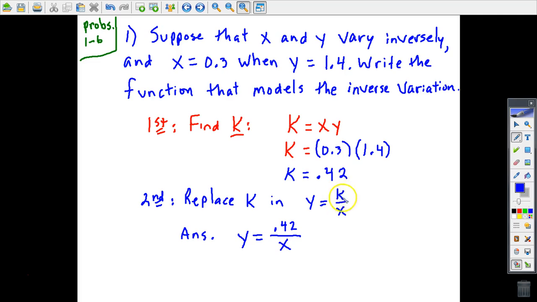Once we found out what this number for k is, we just replace k with it, and that ends up being our answer. So basically, 6 times you're going to be doing this. You're going to be multiplying, understanding that x and y have an inverse relationship. You multiply these 2 numbers together to come up with your numerator constant, and plugging that number in for k into the function will get you to your answer.